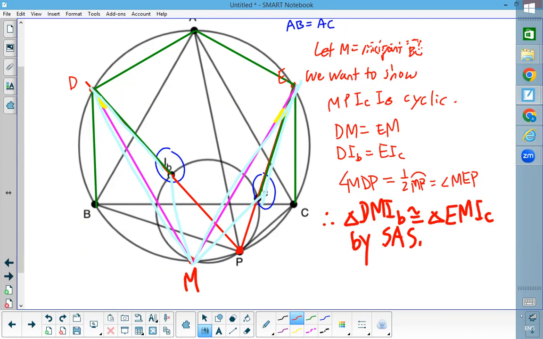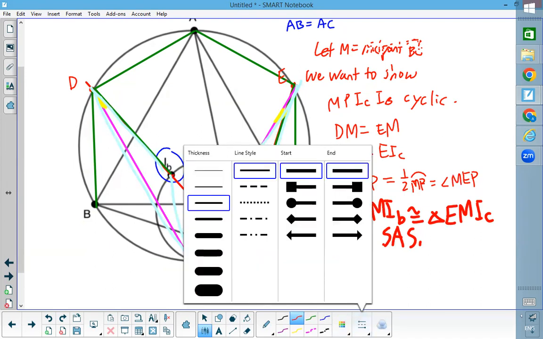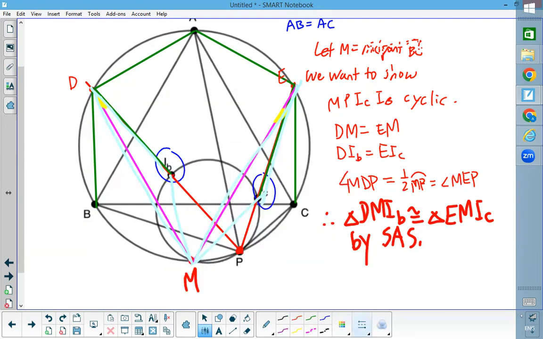So we are interested in those angles. Because the two triangles are congruent, the corresponding parts must be congruent. So the angle IBMD must be equal to the angle ICME.